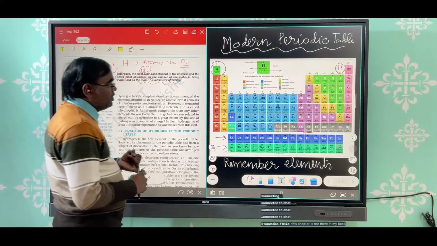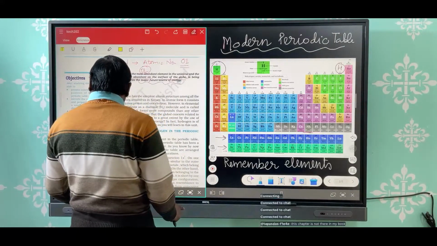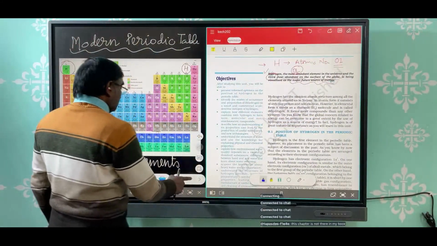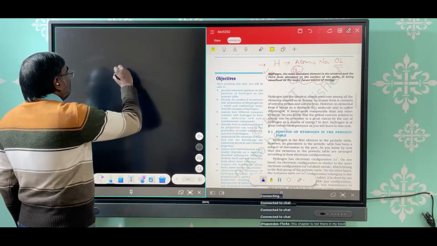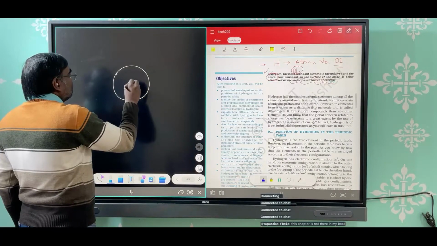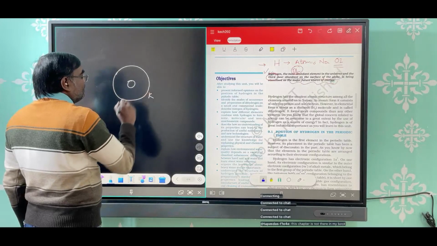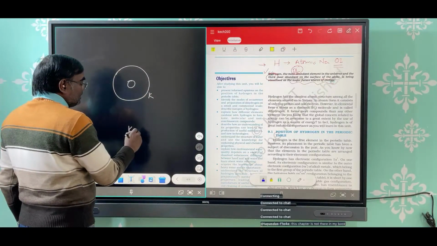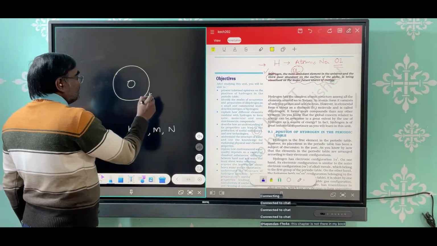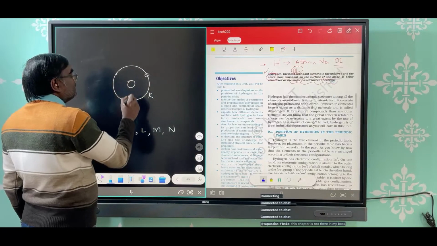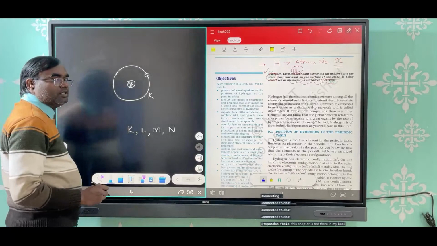If you draw the orbital shells, there will be a nucleus and one shell, K. Shell number is designated as K, L, M, N. So it has only one shell, that is K, and one electron is there in the shell and one proton is in the nucleus.